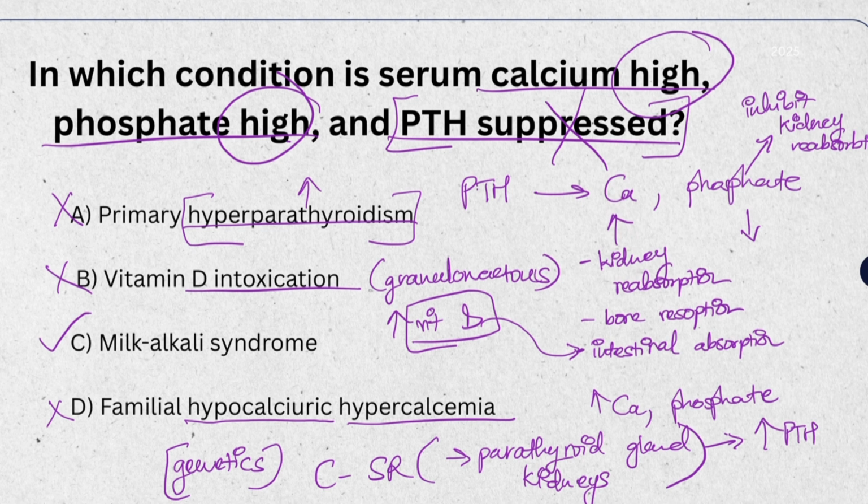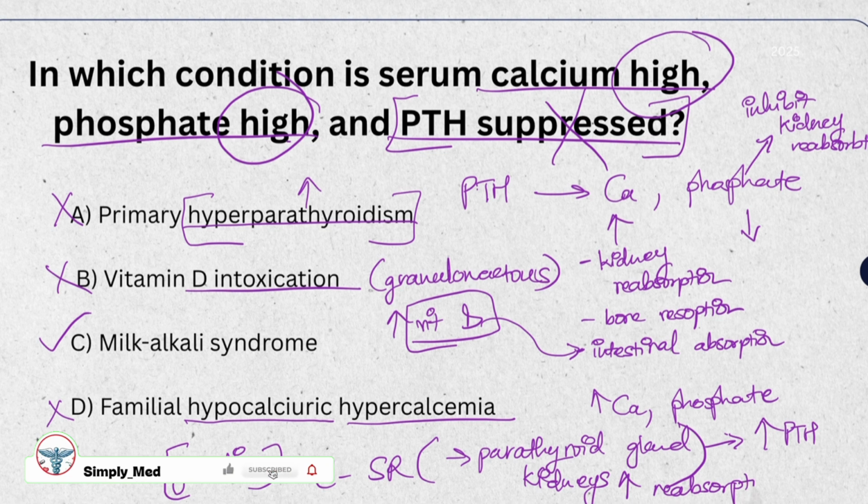And then secondly, the kidney also has defective receptors. The kidneys also are not able to sense the level of calcium in the blood. The kidneys think that the calcium level is low and there would be an overall increased reabsorption of calcium by the kidney. Increased reabsorption means what?